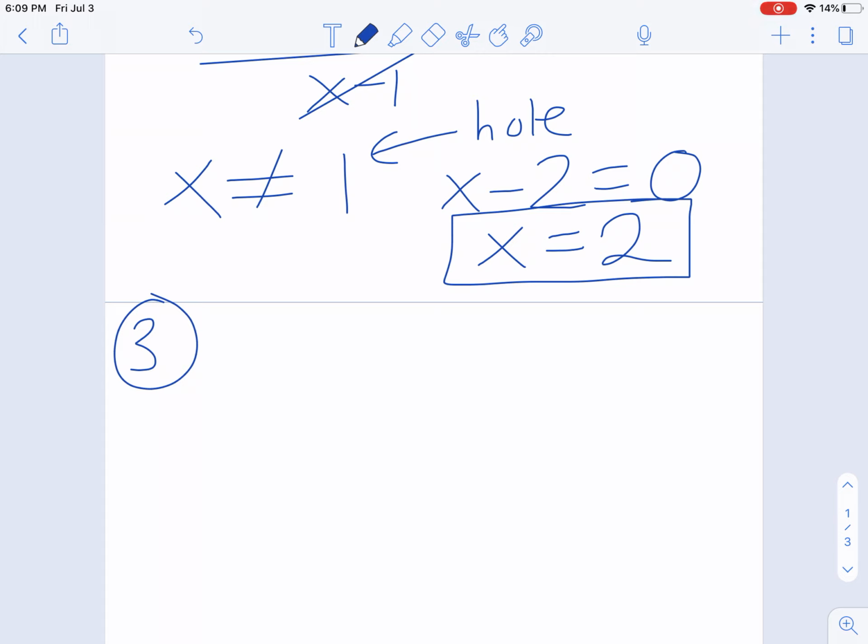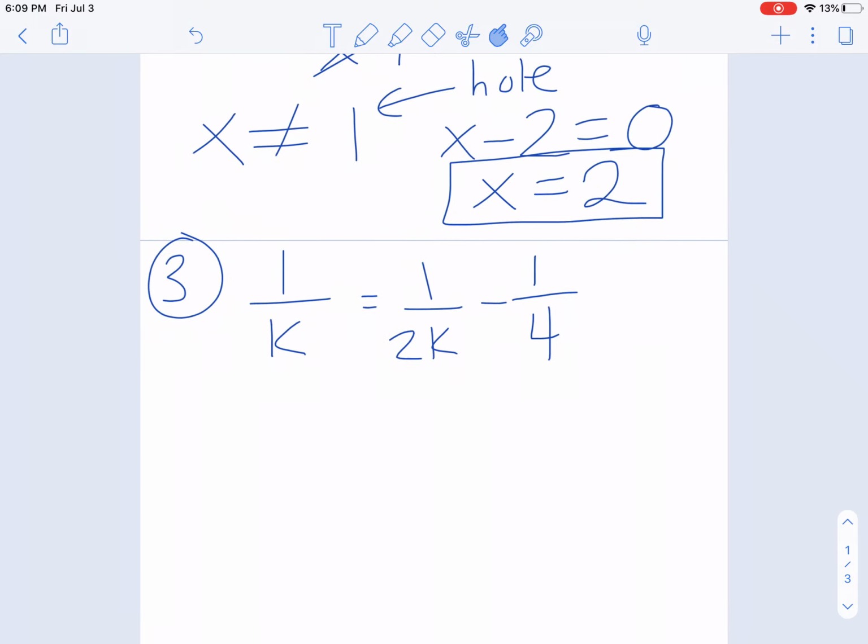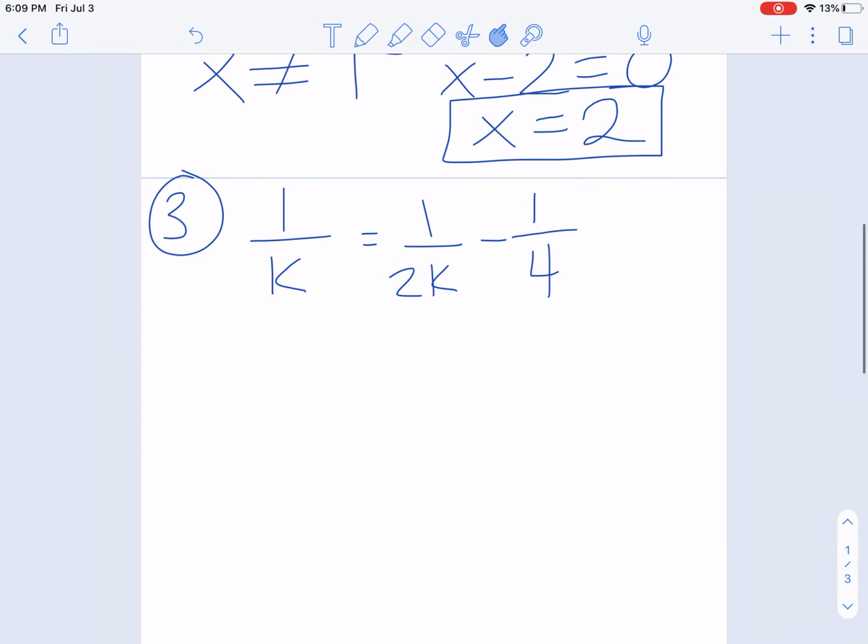Okay, number 3, we're getting a little bit harder now. 1 over k equals 1 over 2k minus 1 over 4. What you'll notice here is that now we have just numbers on the top and letters on the bottom, so we have to come up with a common denominator.